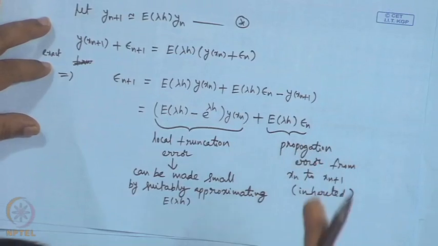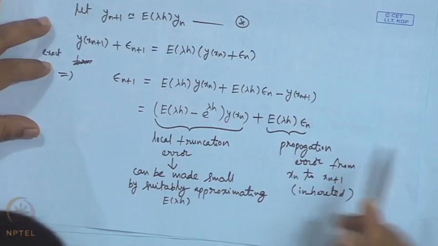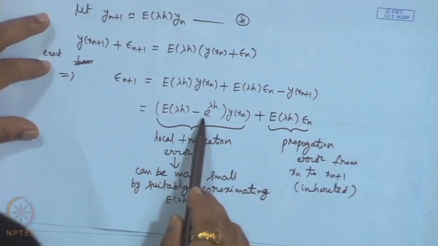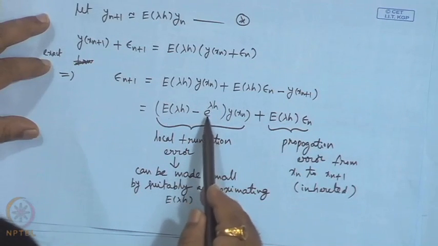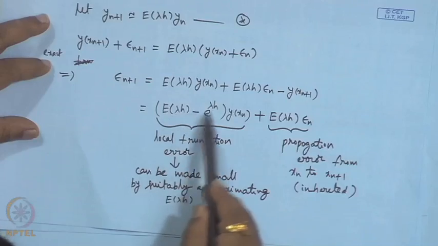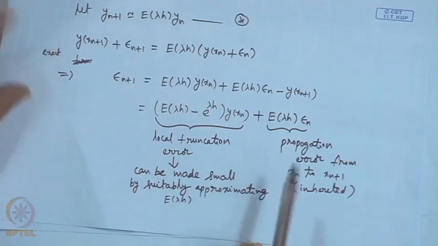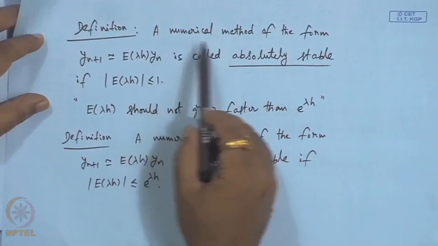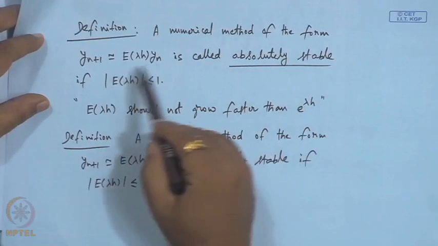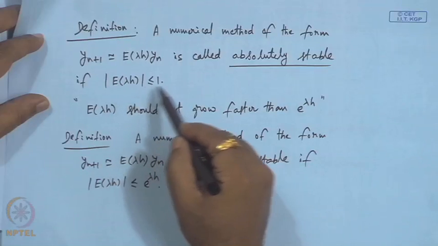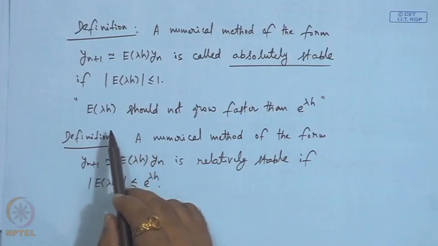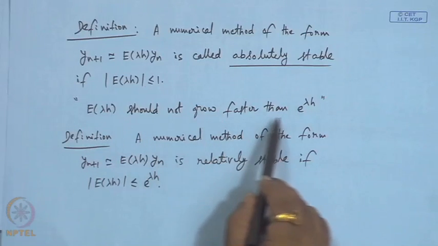So, therefore, you can assure that it is absolutely stable, whereas this is compared to what? How far you are from the actual e power lambda h, this is your approximation, how far you are. That will tell relative stability. So, a numerical method of the form this is called absolutely stable if this is the condition, and relatively stable, so it should not grow faster than this.